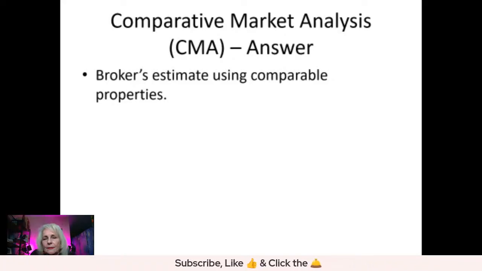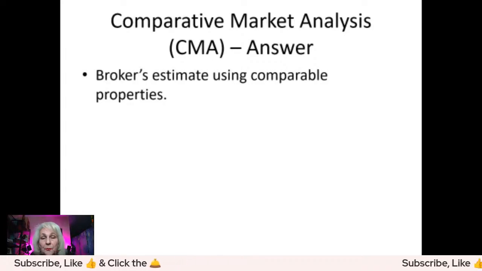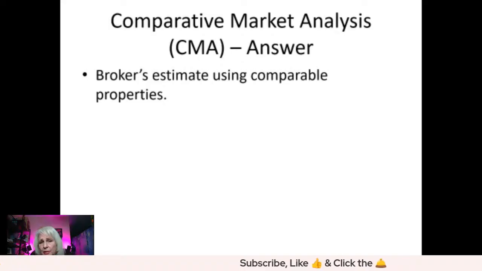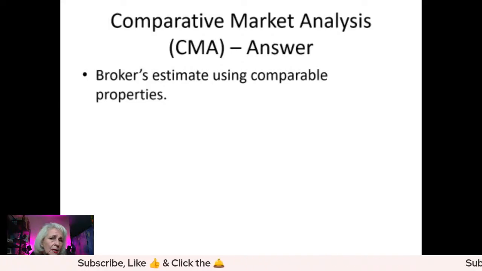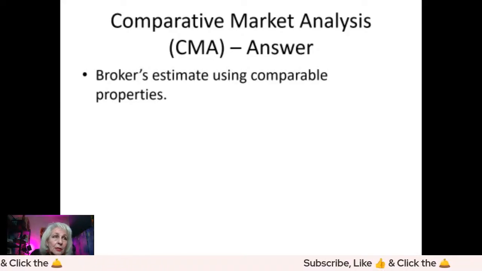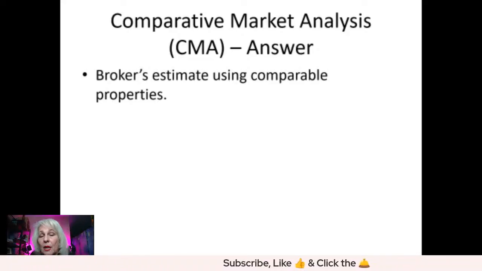Typical is a 6-month range, and that's what appraisers will use. So in a regular, more stable market, we use 6 months of properties that have sold to compare with the subject property. The subject property is the property in question to be sold or to be purchased.